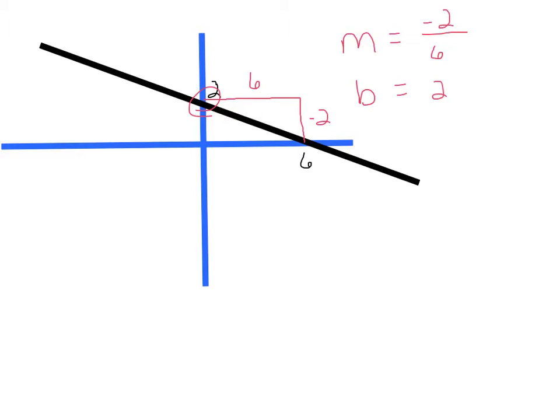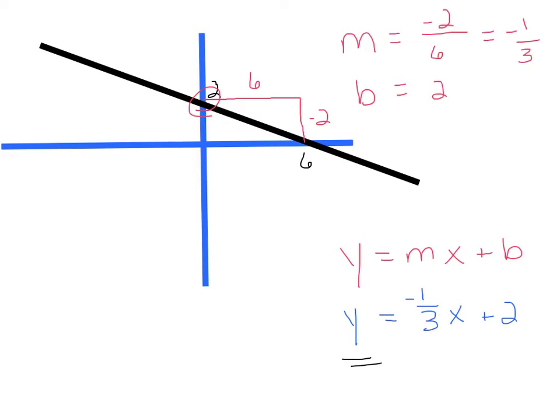Our rise is -2, which is a slope of -1/3. Once we have that, we again can just fill in the slope and the y-intercept appropriately for what we have. So y is equal to -1/3 x plus 2. Again, you'll see, right, that x and y remain variables. The only thing we're filling numbers in for are the slope and the y-intercept.